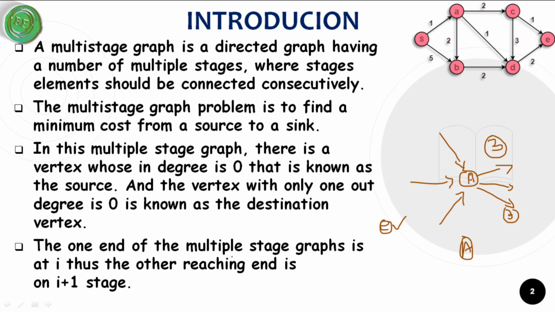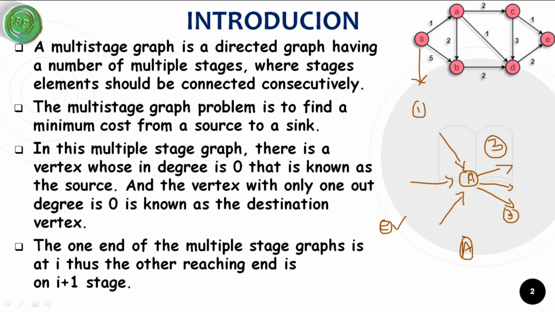If one end of the multi-stage graph is at stage i, then the other reaching end is at stage i plus 1. Here the initial stage of S is 1, so the next node that S has to be connected to is at stage i plus 1.